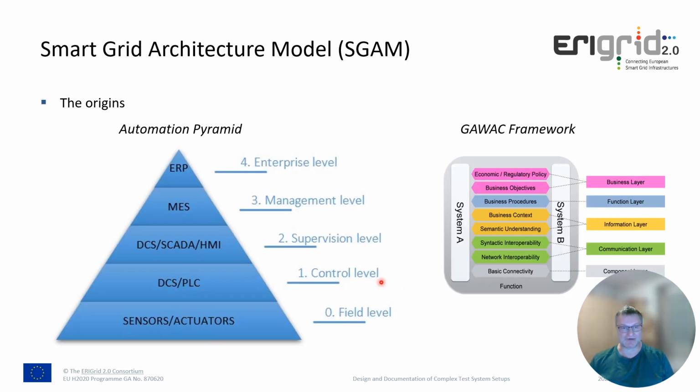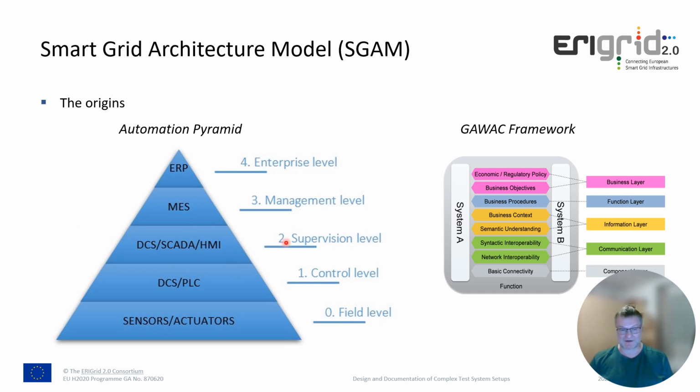A further model in the context of the development of smart grid is the automation pyramid. That's also very important. It shows the hierarchical structure of a typical automation system that starts with the sensors and actuators that link to the underlying machine or process. We have on the top layer side the programmable logic controllers that implement the control logic, and the supervisory side where we have the SCADA system, the supervisory control and data acquisition systems, distributed control systems, and human machine interaction approaches.